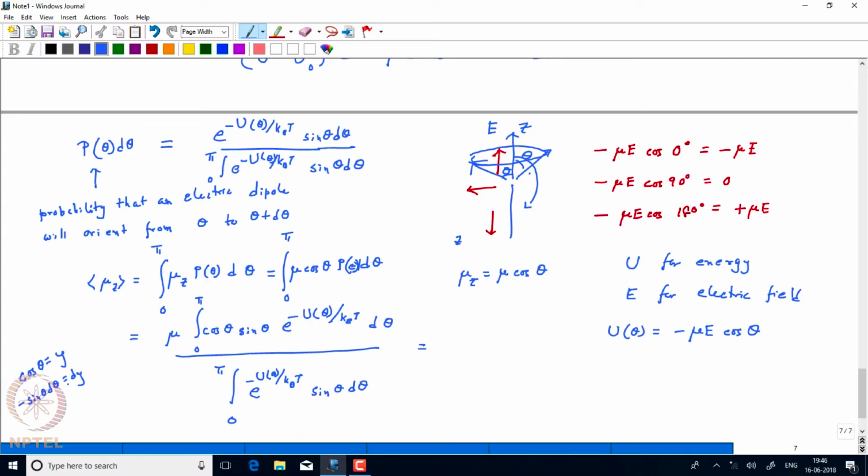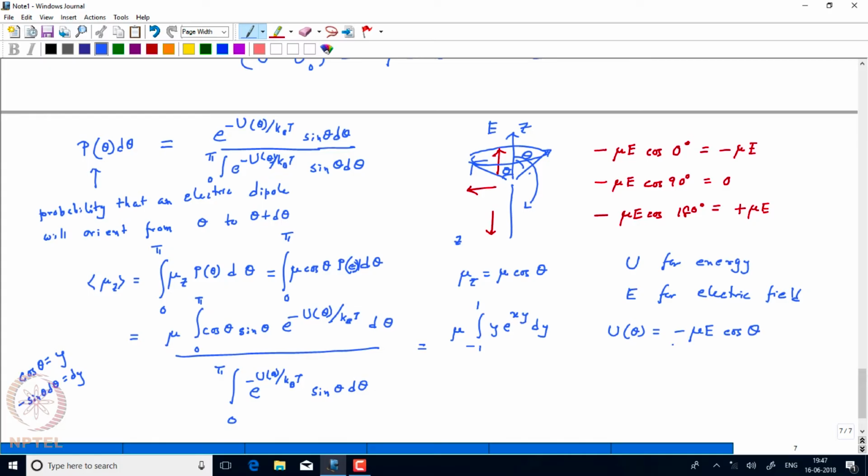In that way I can rewrite this expression as mu times the integral from minus 1 to plus 1 of y e to the power xy dy.